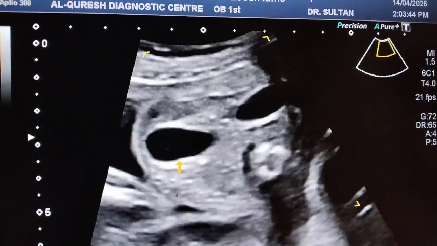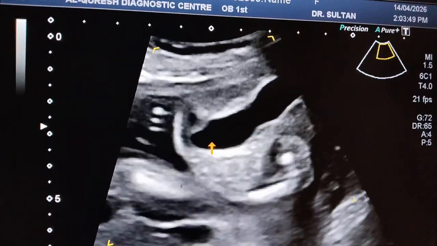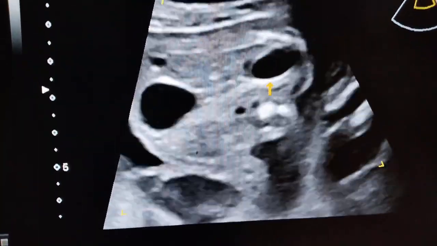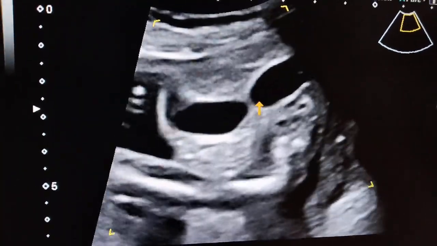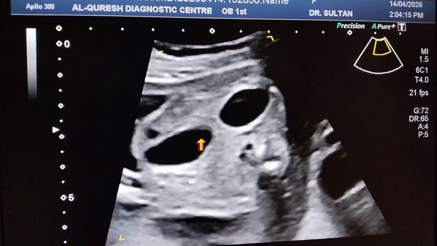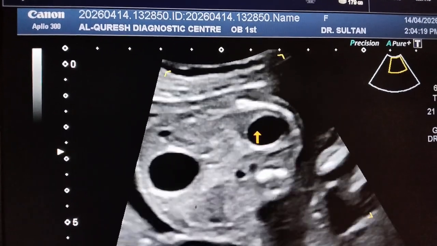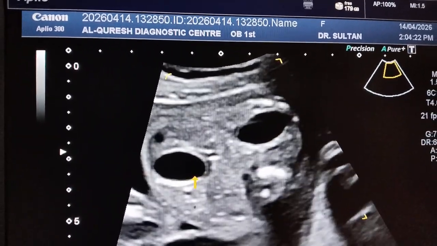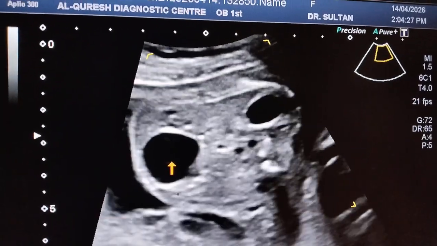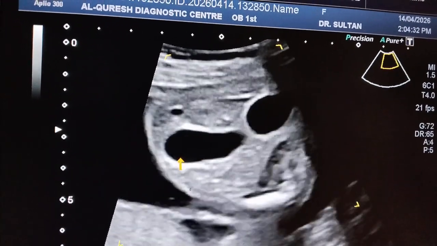Let's see. Look here. This proximal duodenum is communicating with the stomach. Stomach is present on the left side, while the proximal duodenum is present on the right side, and it is then crossing the midline.